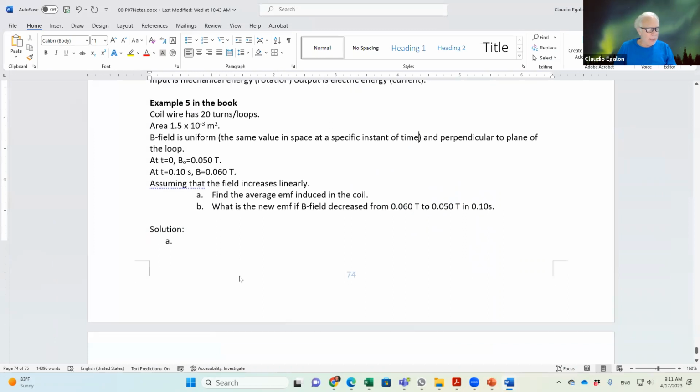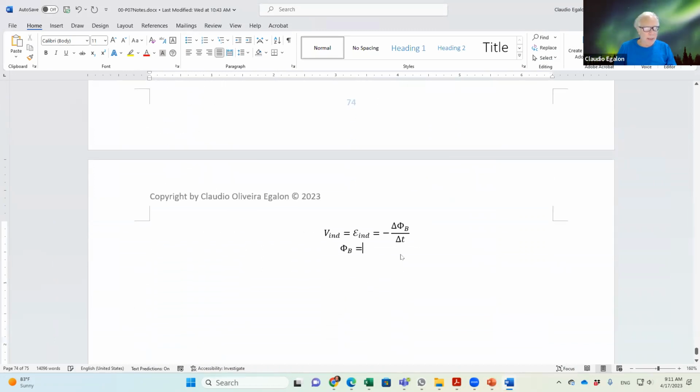Okay, and we have to write down, because the magnetic field is perpendicular to the plane of the loop, the flux is going to be BA, and then we have also this N. N is the number of loops.